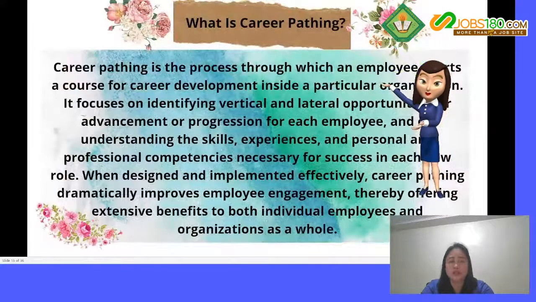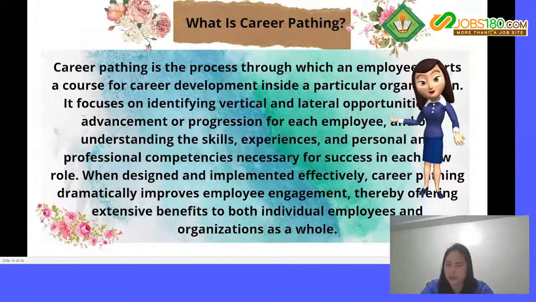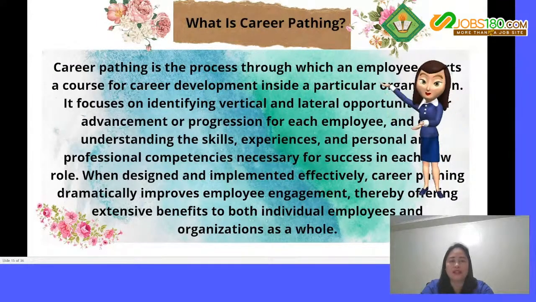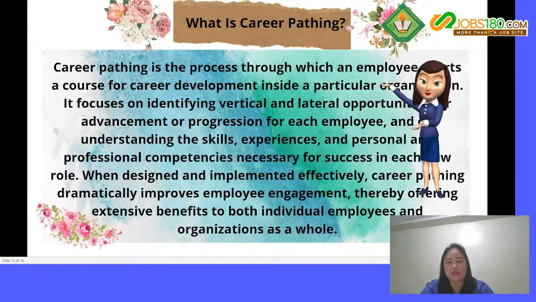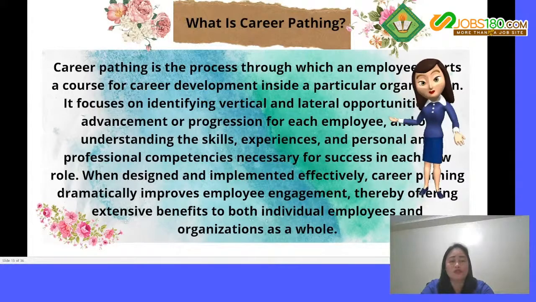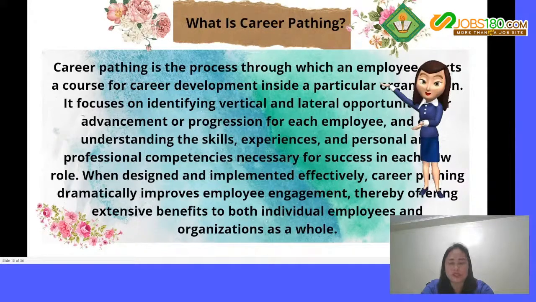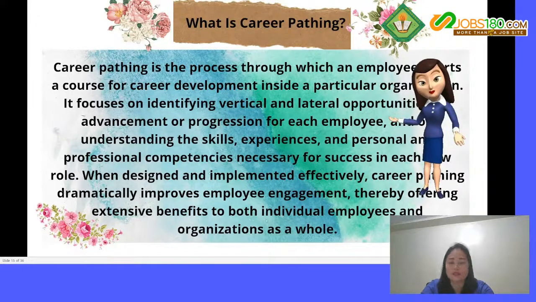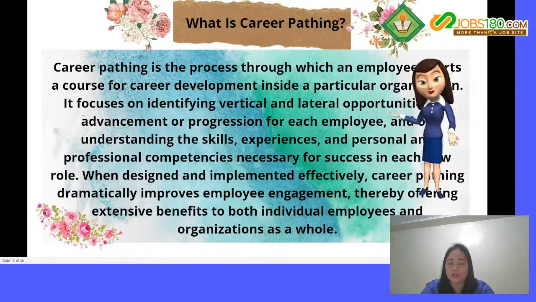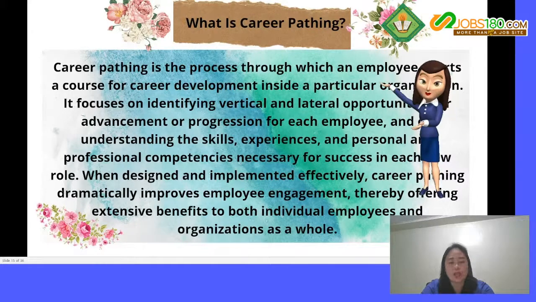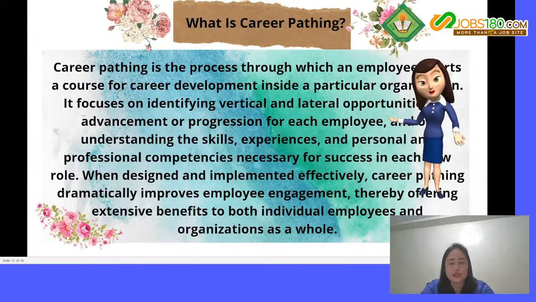We proceed to what is career pathing. What is career pathing? Okay, career pathing is the process through which an employee charts a course for career development inside a particular organization. It focuses on identifying vertical and lateral opportunities for advancement or progression for each employee and on understanding the skills, experiences, and personal and professional competencies necessary for success in each new role.